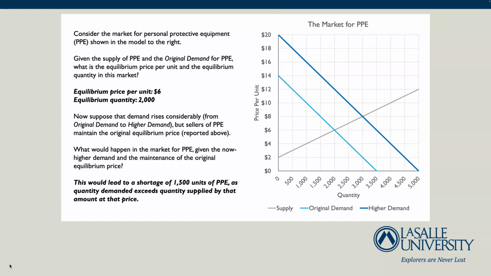This would lead to a shortage of the difference between the two, 1,500 units of PPE, as quantity demanded exceeds quantity supplied by that amount at that price. And this will be the case if sellers of PPE were hesitant to raise the price of PPE from the original equilibrium price of $6 per unit to the now higher price of $8 per unit.